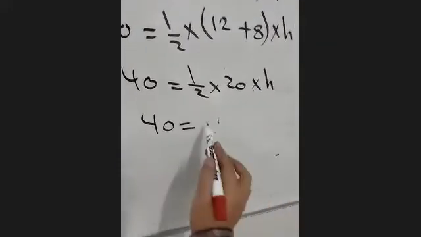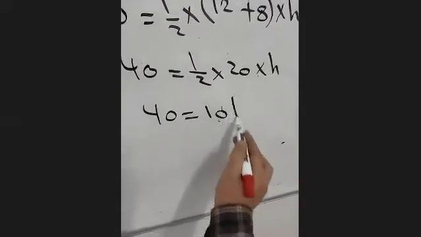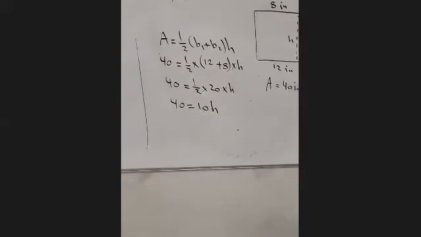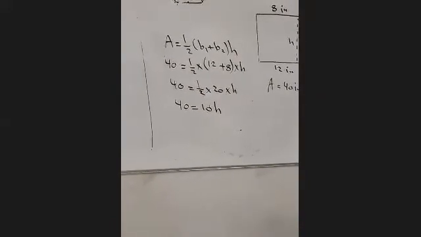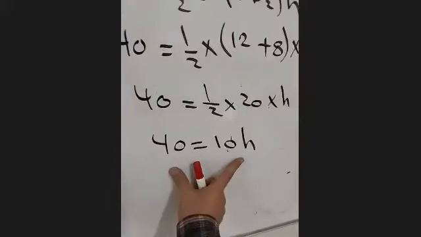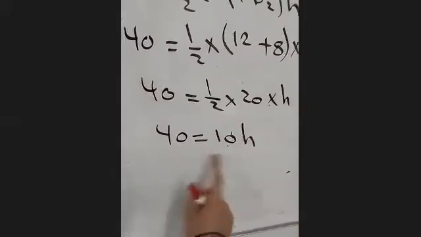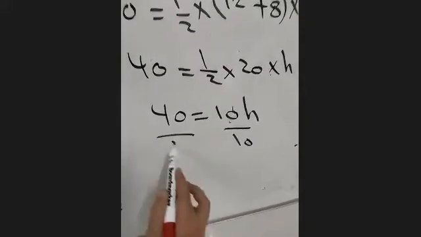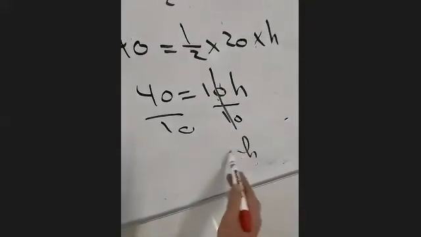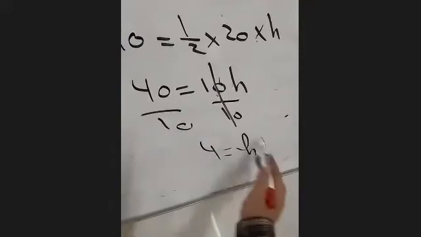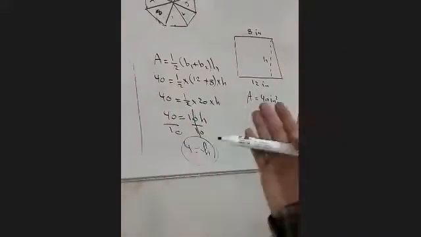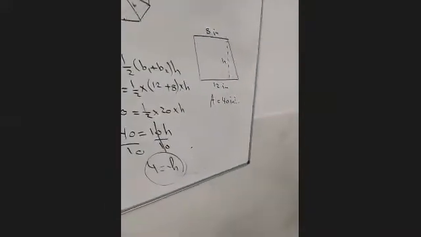Half of 20 is 10. Multiplied by h, 10h. Right, Hussein? Now, we have a multiplication equation. We divide both sides by the coefficient 10. Divide by 10 on both sides. So h will be 40 divided by 10, which is 4. This is how we do the missing dimension.